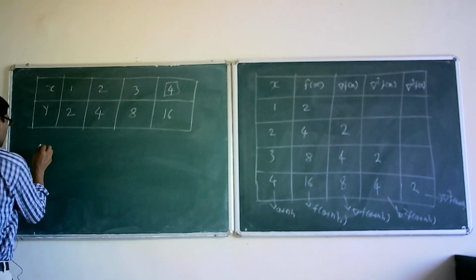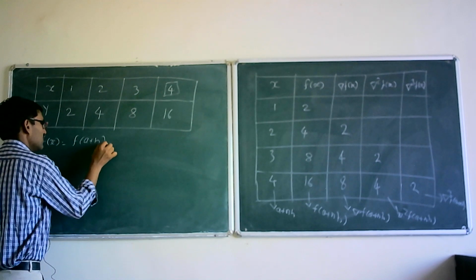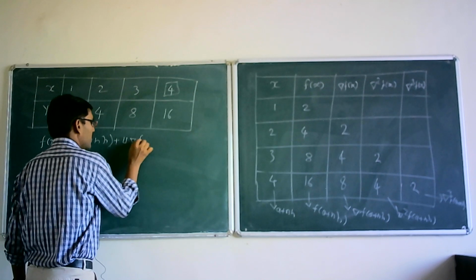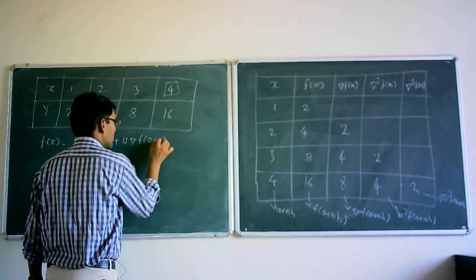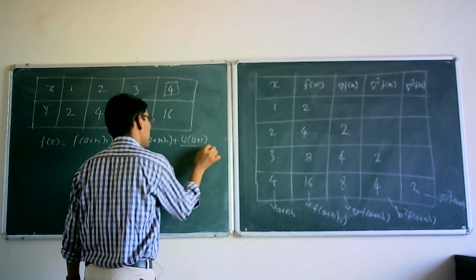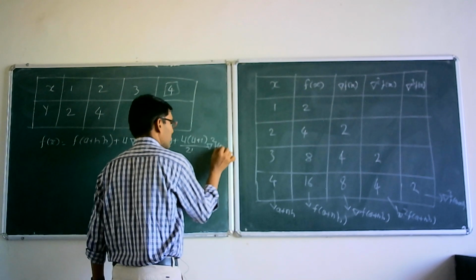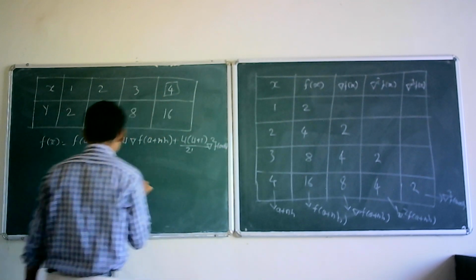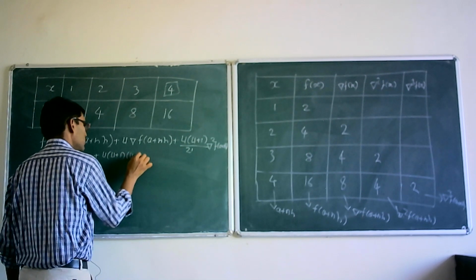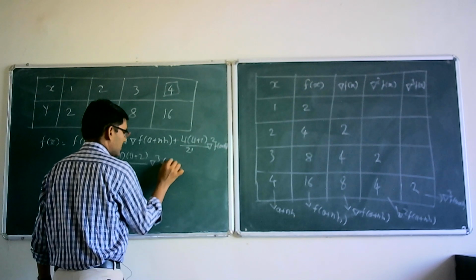So what is the interpolating formula? f of x is equal to f of a plus nh, plus u del f of a plus nh, plus u into u plus 1 divided by 2 factorial del square f of a plus nh, plus u into u plus 1 into u plus 2 divided by 3 factorial del cube f of a plus nh.